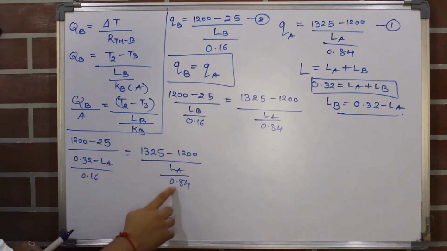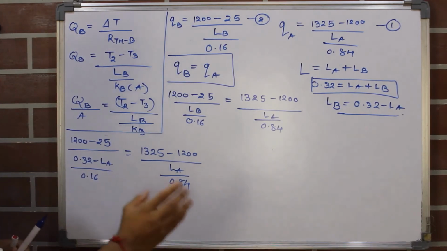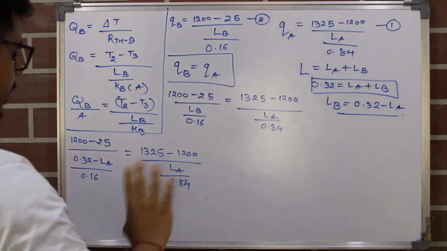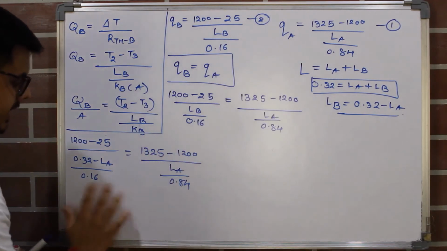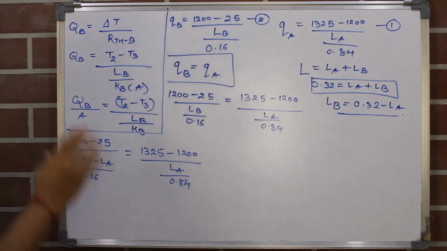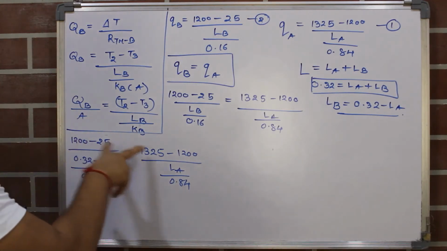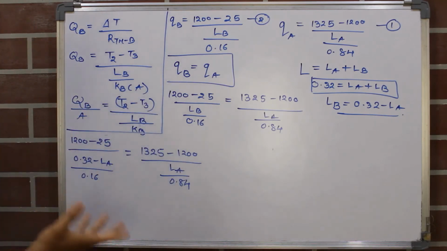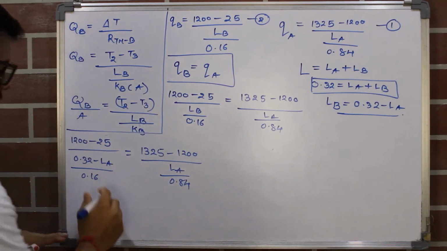If these values are not right, then please correct them from the question, because I had rubbed the question and I don't remember the exact values. So please check this value. This is for Ka and this is for Kb. Now you can solve this whole equation.